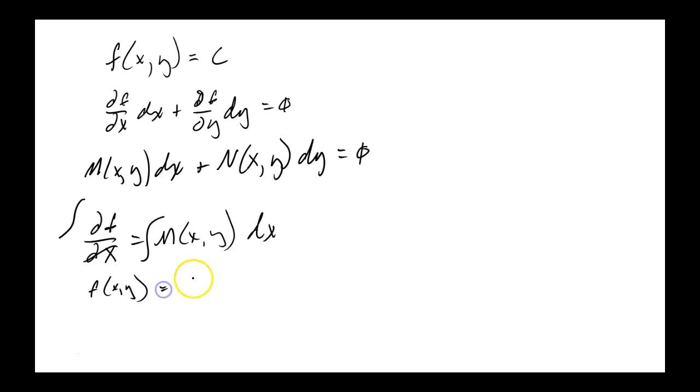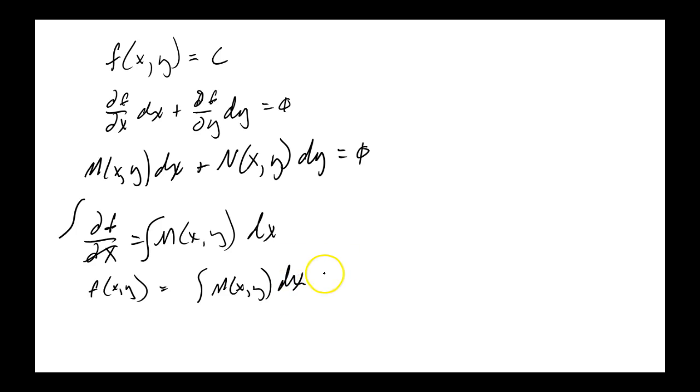This is a function that is integrable, so we're going to integrate it only with respect to x, leaving the y's just like they were constants. And this just gives us a function of x and y again, so I'm just going to leave it like this, integral of M of xy dx.